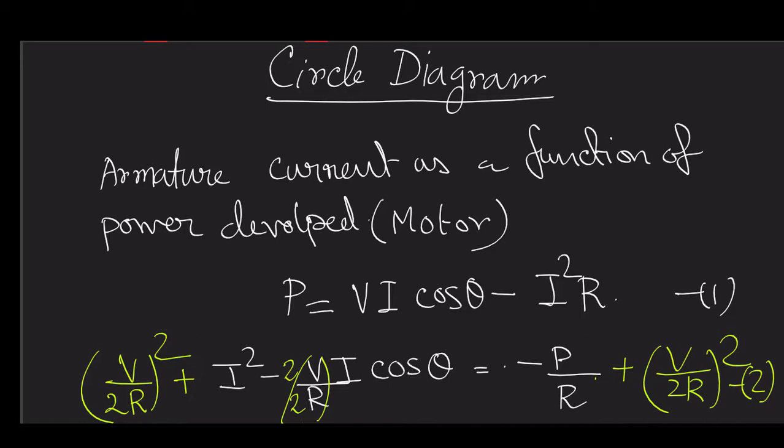If we take the square root of this side, it is like a vector giving you a feel of resultant things: one side of the vector is V by 2R, another side is I, and it gives you the resultant.